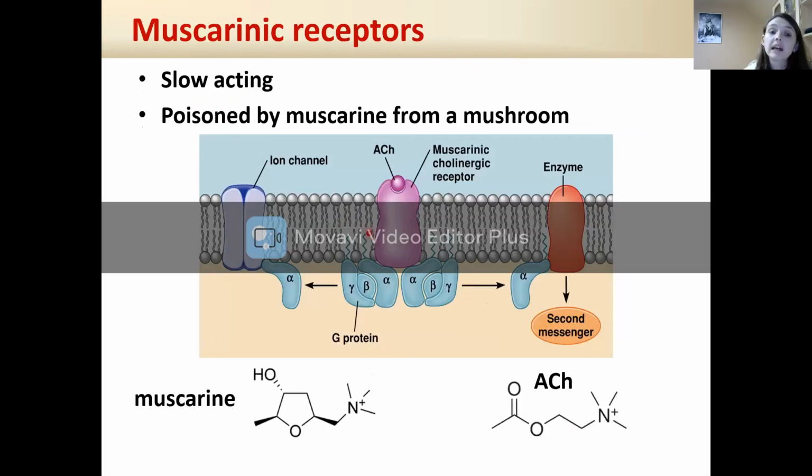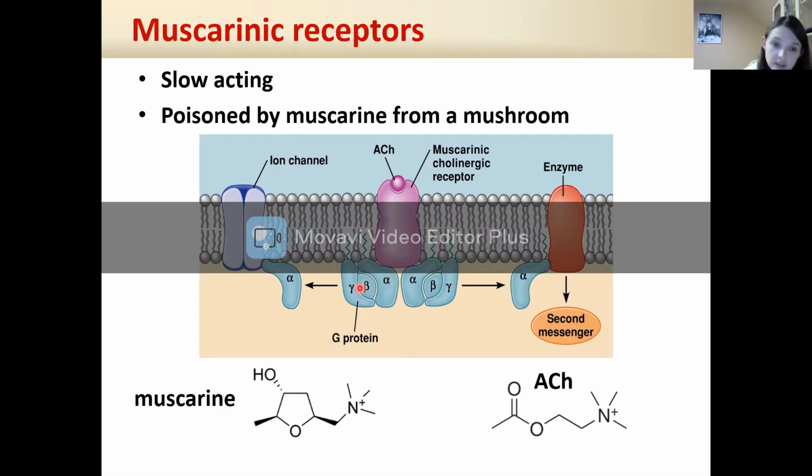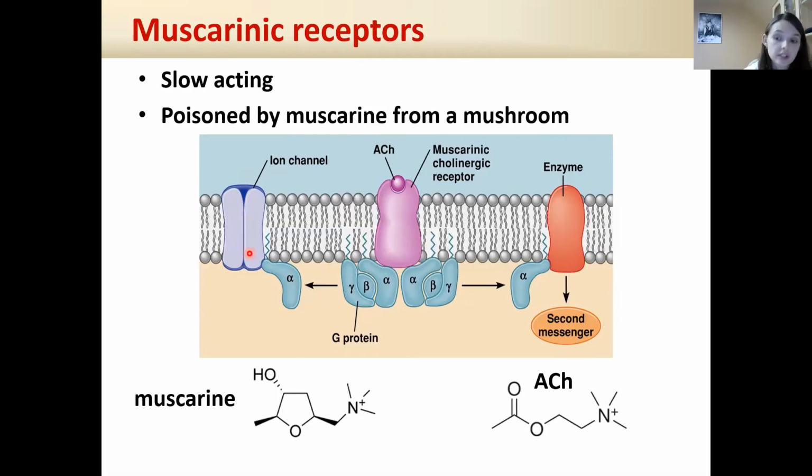Why? Because acetylcholine will bind to the muscarinic receptors, and the mechanism of synaptic transmission will be metabotropic. It means it will require G protein or secondary messengers, which will be responsible for opening the ion channel. So the transmission of impulses in this variant will be slower in comparison with the previous one, where we have nicotinic receptors.